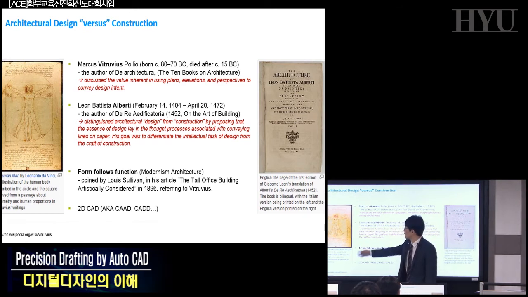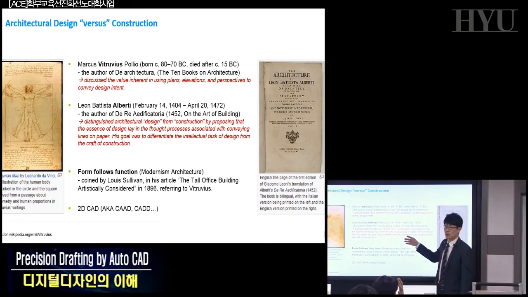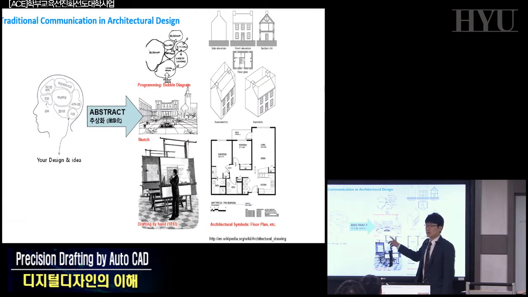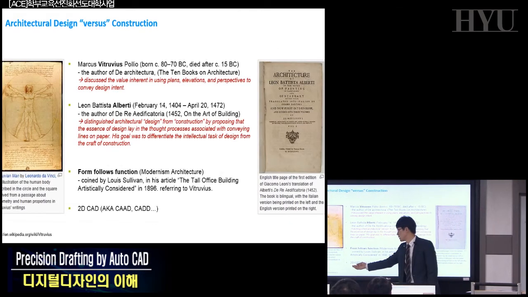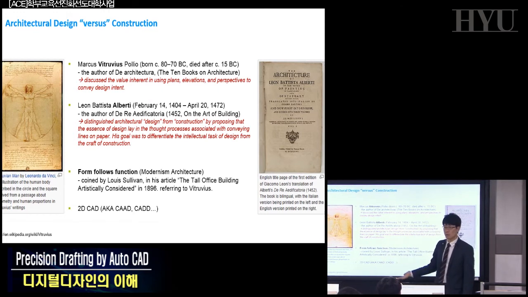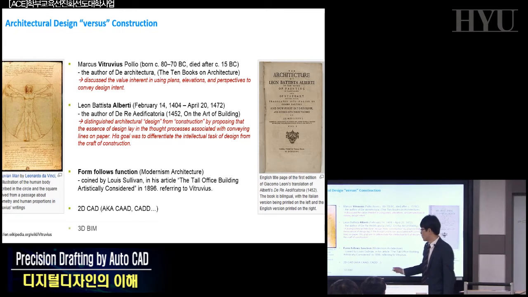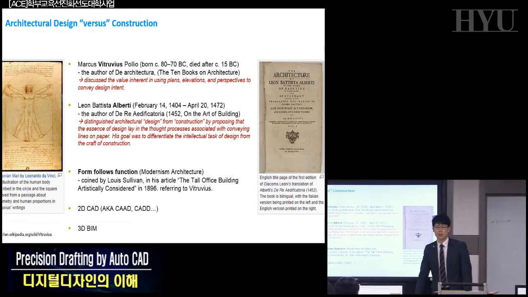But the problem is, this entire history, more than 2,000 years, was all the same, just hand drafting for architectural design, thousands of years. Even with computers, we use CAD software, doing exactly the same work, but not by pencil, not by pen. But nowadays, we invented a totally different approach, 3D, BIM.